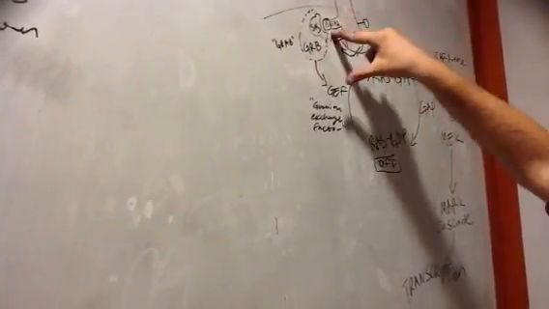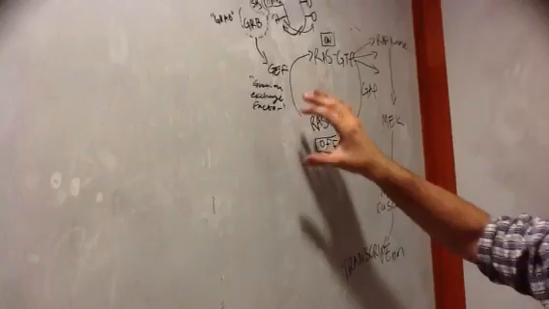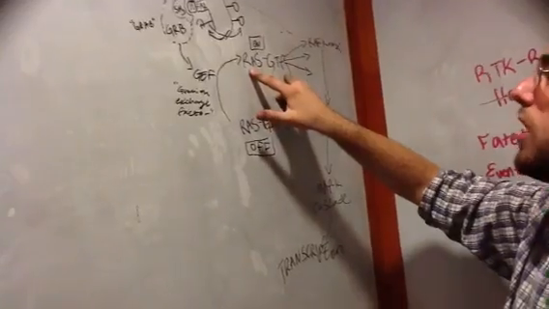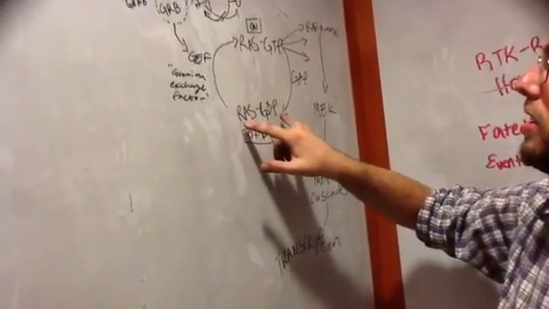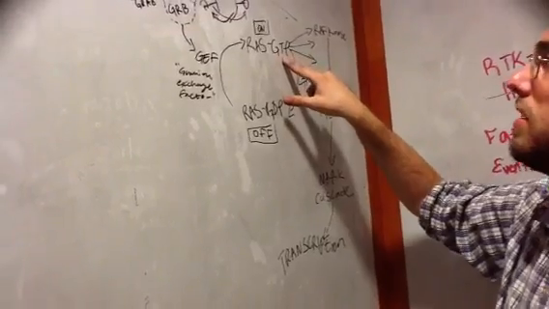When GRB is activated via that phosphorylation, it activates GEF, a guanine exchange factor.